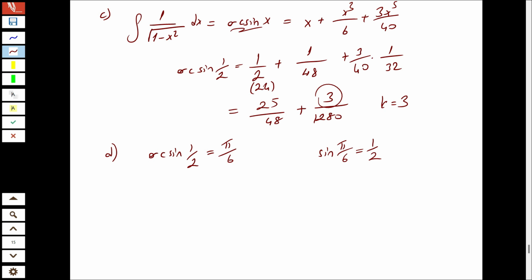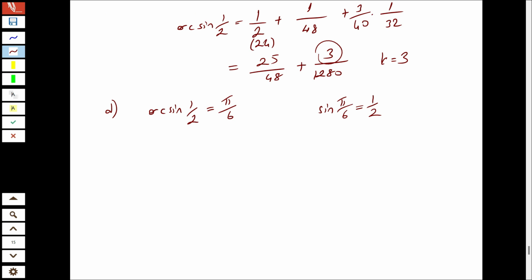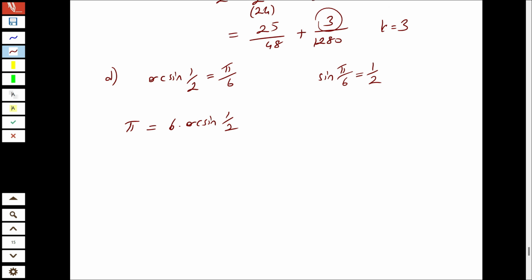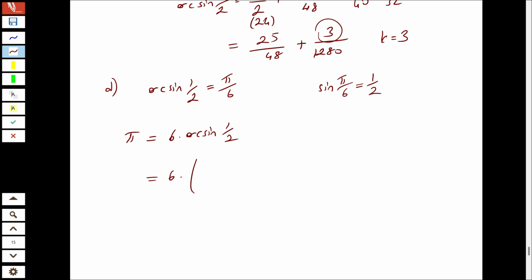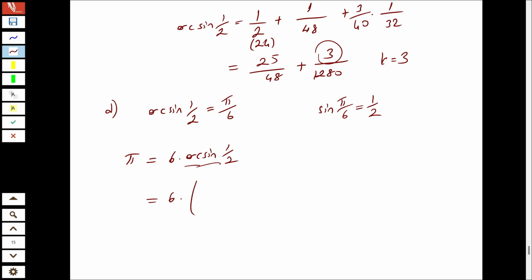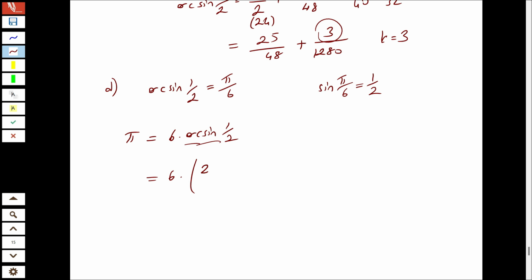If you would like to find the pi, the pi will be 6 times arc sine 1 over 2, which means we can multiply by this 6, and we're going to multiply by the expression that we found in the previous question.